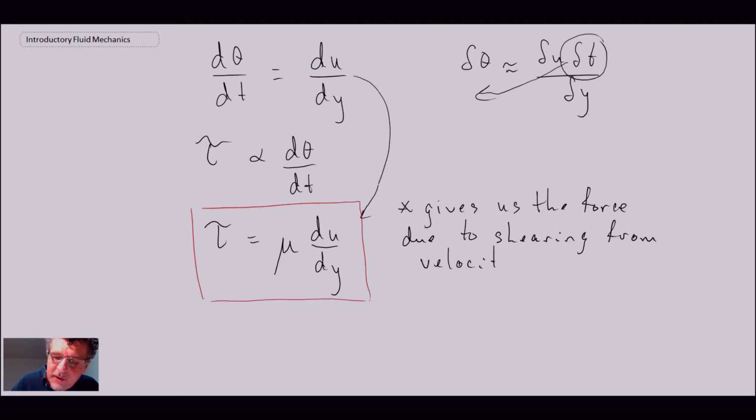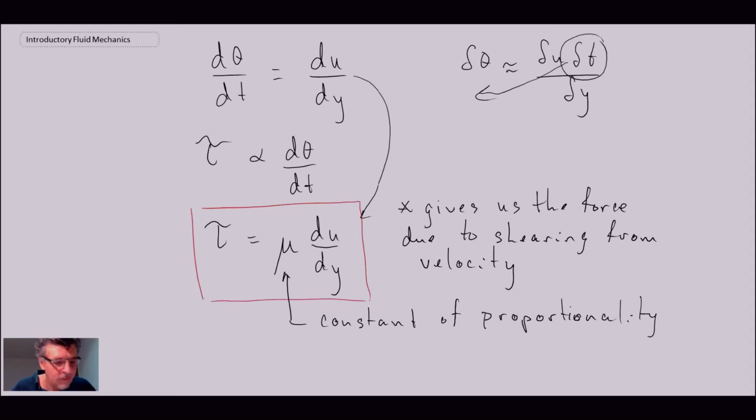So if you shear a fluid, this would be the force that resists that shearing motion. And mu in here is a constant of proportionality. And that is the viscosity.